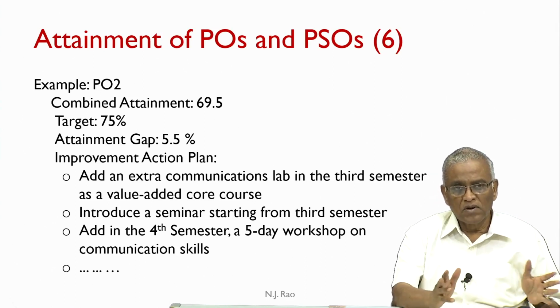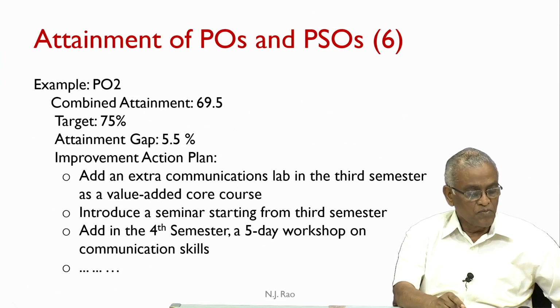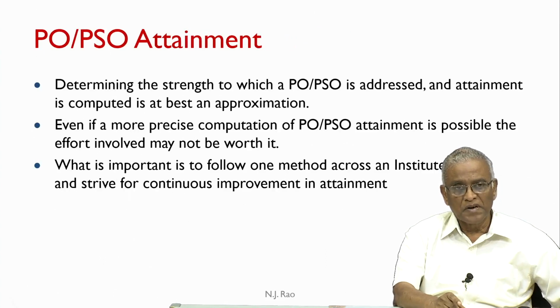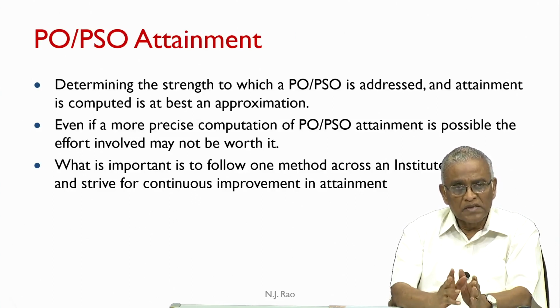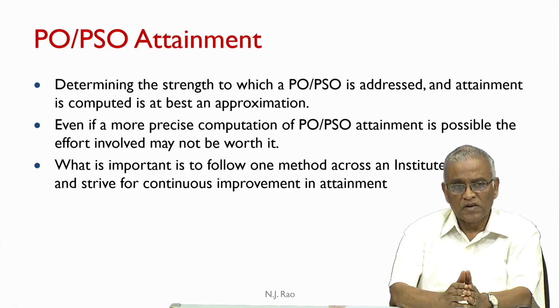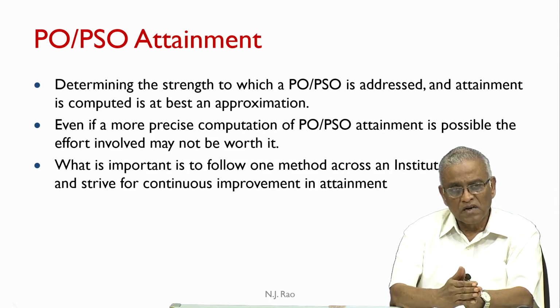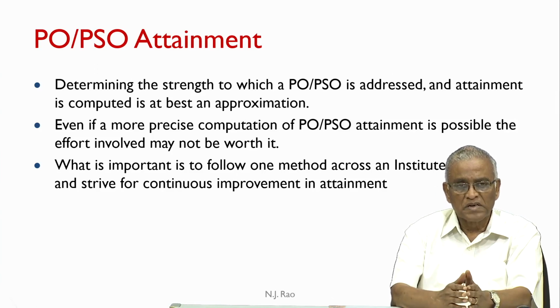So this is how we compute PO attainment and plan for improvement of that attainment. We are repeatedly making this statement: the attainment computation is at best an approximation. Whatever process you choose in your institute, whatever we presented is at best an approximation.